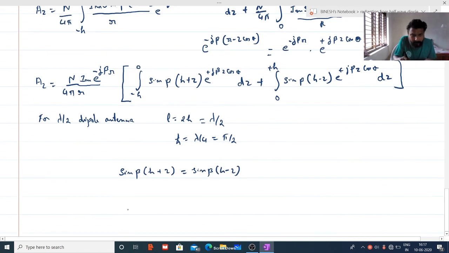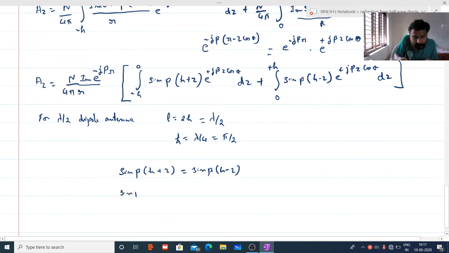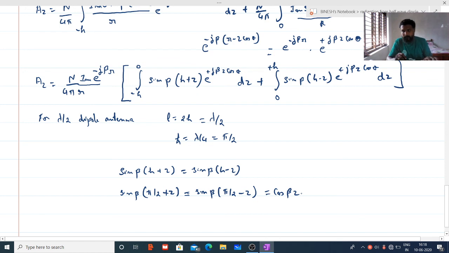With beta h equal to pi by 2, this is sine of (pi by 2 plus z) equal to sine of (pi by 2 minus z). In both cases it is nothing but cos beta z. So sine beta (h plus z) and sine beta (h minus z) I will now replace by cos beta z.